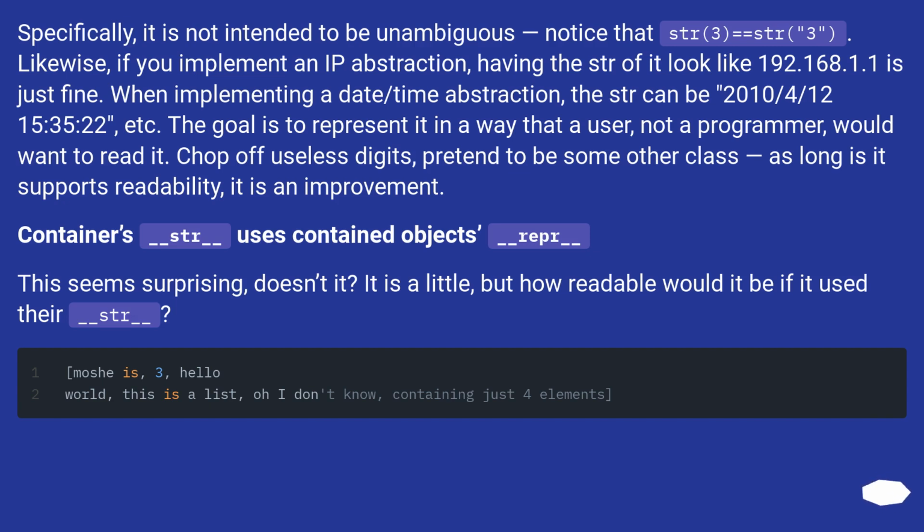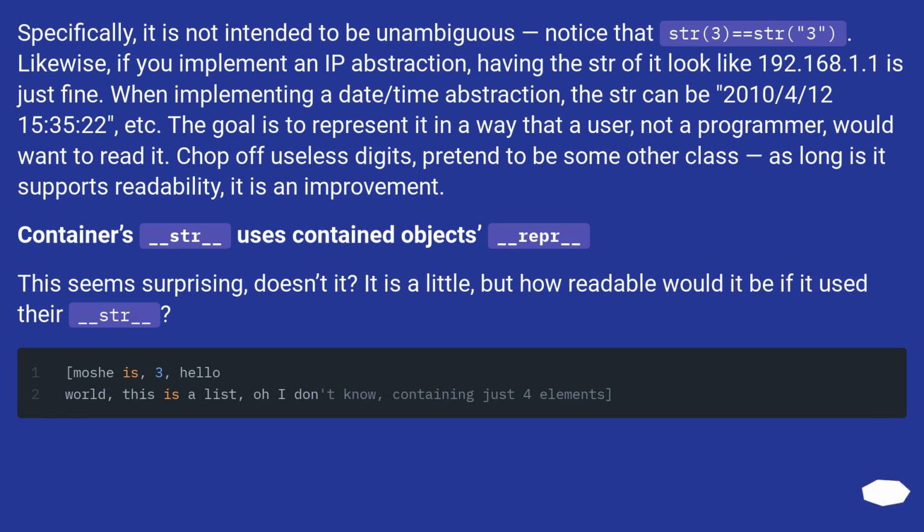The goal is to represent it in a way that a user, not a programmer, would want to read it. Chop off useless digits, pretend to be some other class. As long as it supports readability, it is an improvement. Containers' __str__ uses contained objects' __repr__. This is surprising, doesn't it?